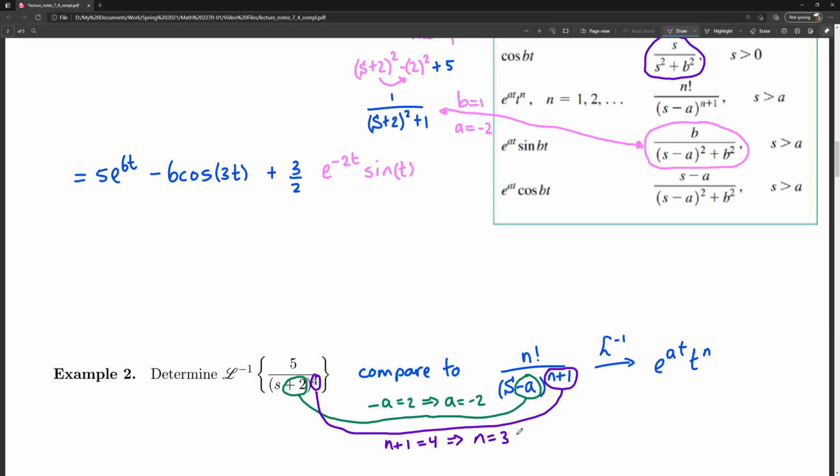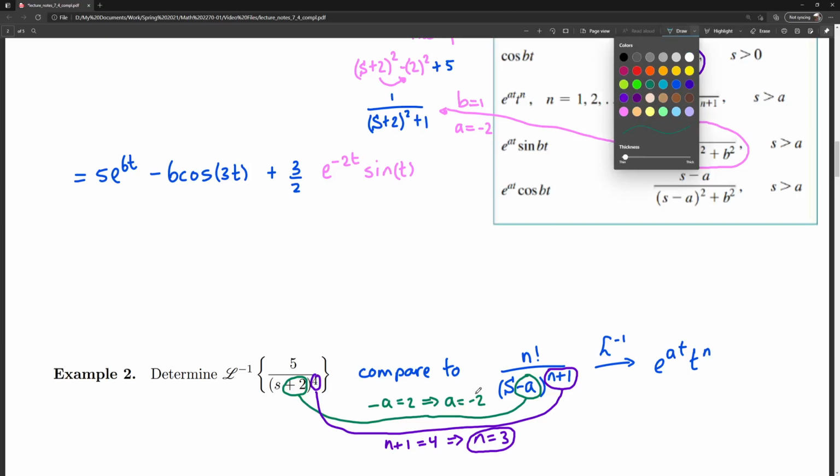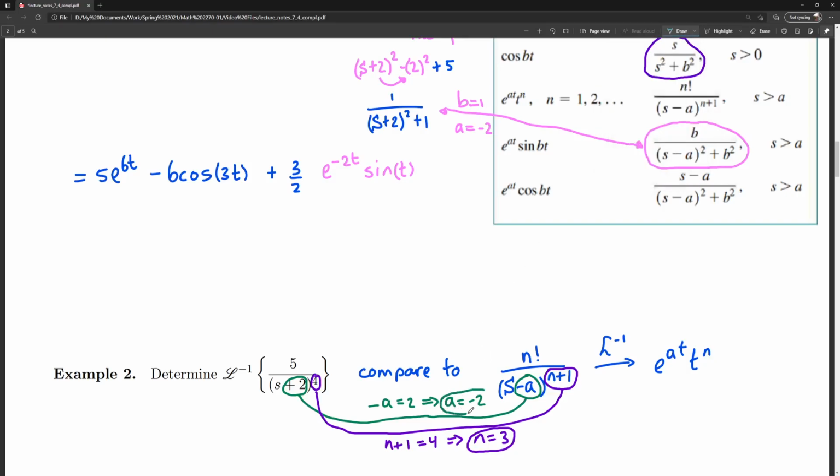Now, that leaves a little bit of a problem here, because when we plug in 3 into this formula, we get 3 factorial, and that's 6, and we have 5 there. That's not a real problem, because we can always multiply our answer by a constant coefficient, and that will take care of that discrepancy.